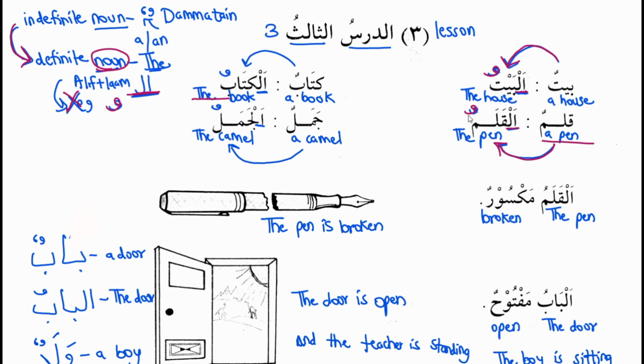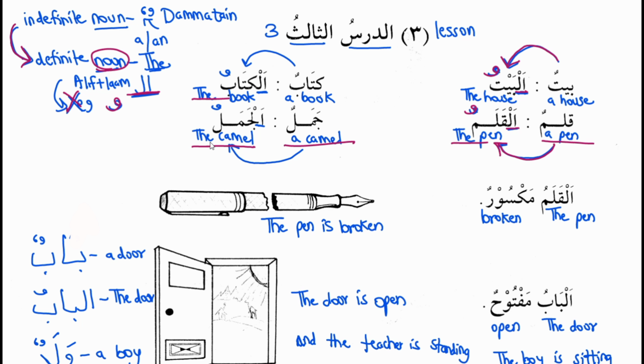So it will become al-qalamu, the pen. The last word here is jamalun. Jamalun means a camel. Al-jamalu, the camel.